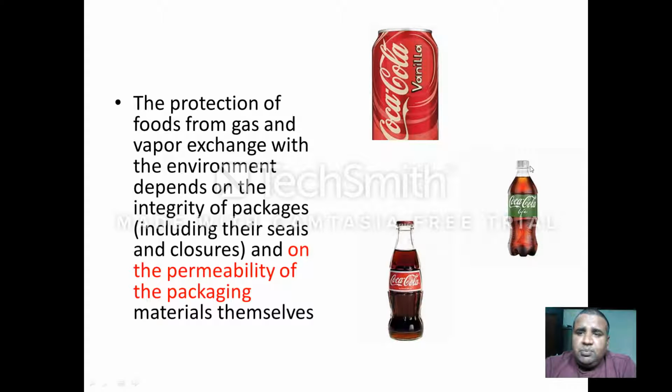The problem arises when the packaging material is plastic. So the protection from the exchange of gases is the job of, first, the closure. Closure is the cap, and the seal we provide to prevent leakage or to prevent contact of the outside environment with the product. Second is the permeability of the surface of this packaging material.